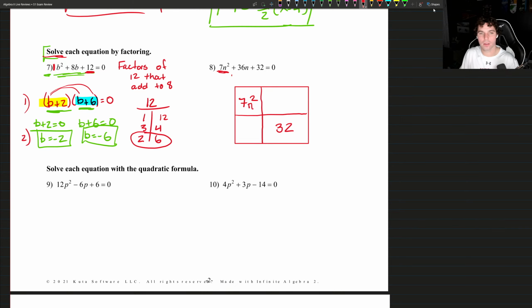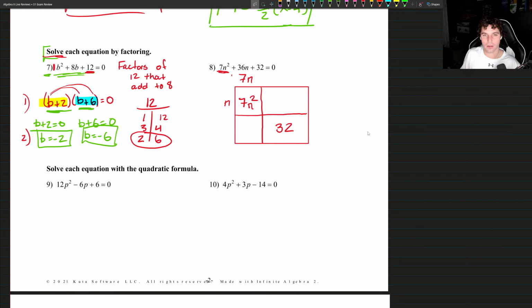Okay, so our job is to get factors here, here, here, and here. So we're essentially getting a length and a width. Okay, so factors of 7n squared: 7n and n. And then factors of 32. Okay, so this is where you kind of got to guess and check. So 7n times n, we know that that's 7n squared.